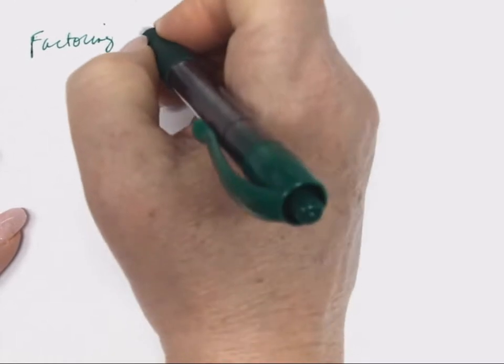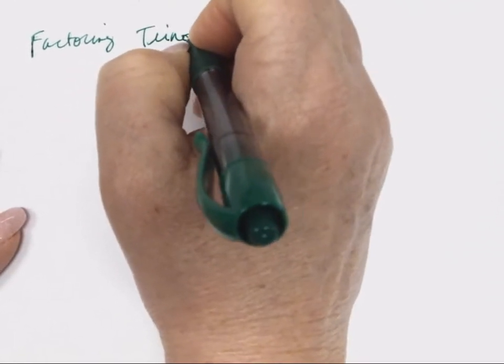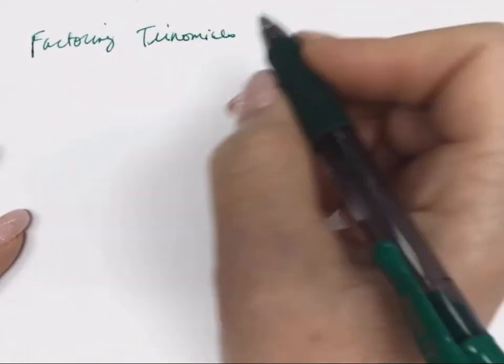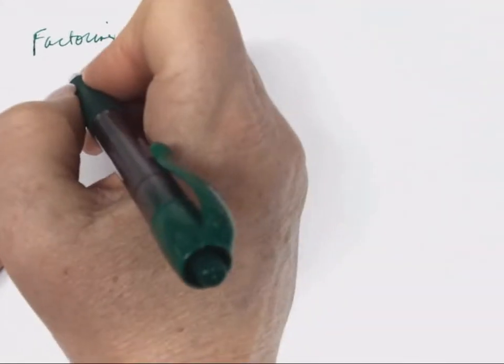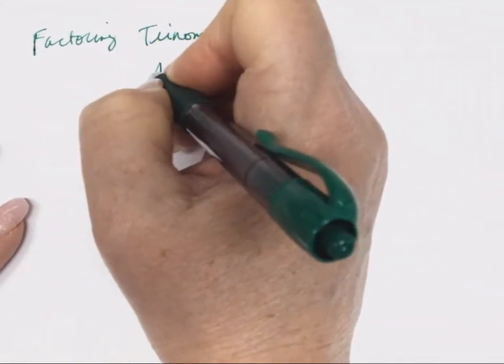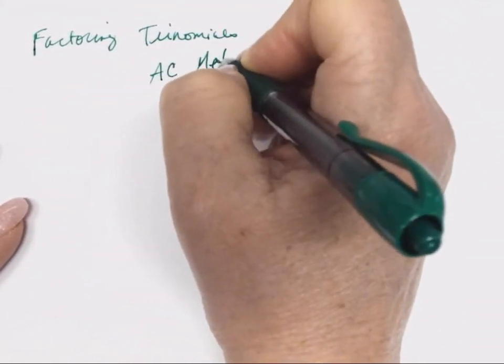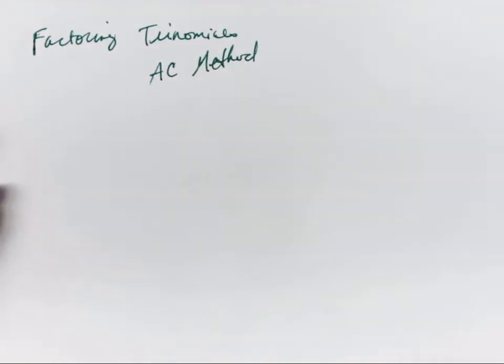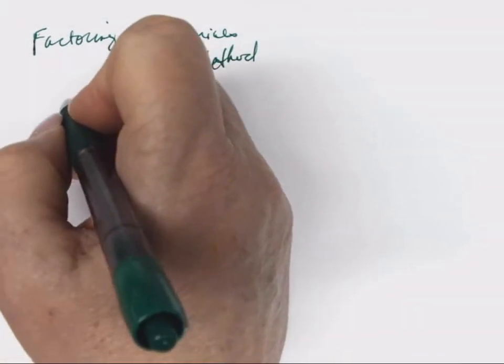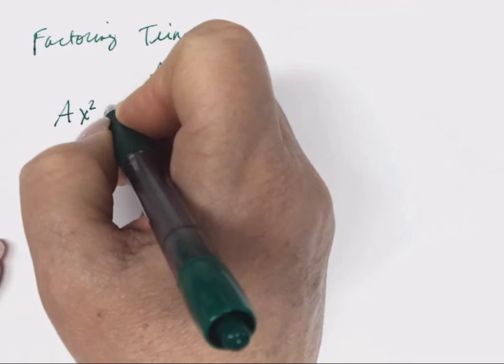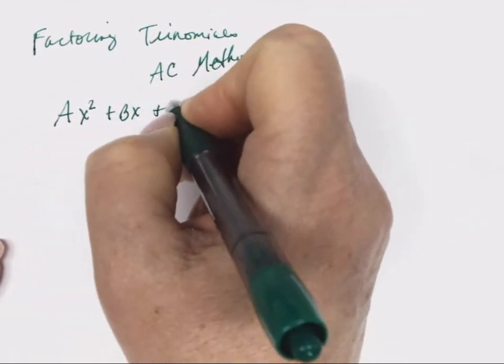So what we're going to do is we are factoring trinomials. And we are going to use what is called the AC method. So we're looking at equations that have ax squared plus bx plus c.